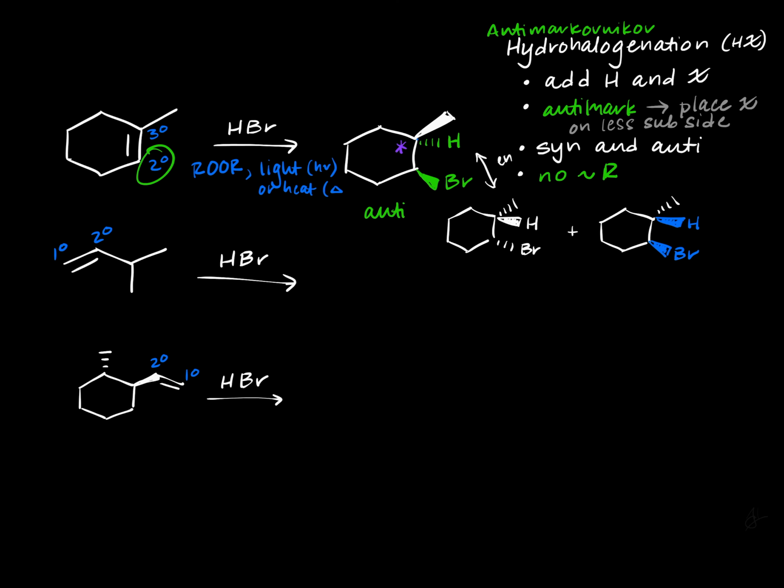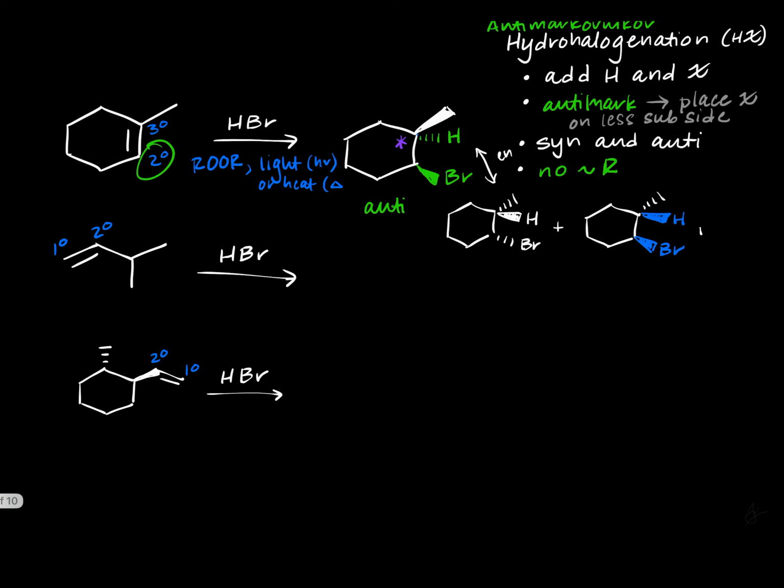But I don't have to stop here, right? I arbitrarily placed the bromine and the hydrogen on a wedge. I could arbitrarily place the bromine and the hydrogen on a dash. Right, so let's move over. And we can do that. We can place, and I'm running out of room, we can place the hydrogen and the bromine on a dash.